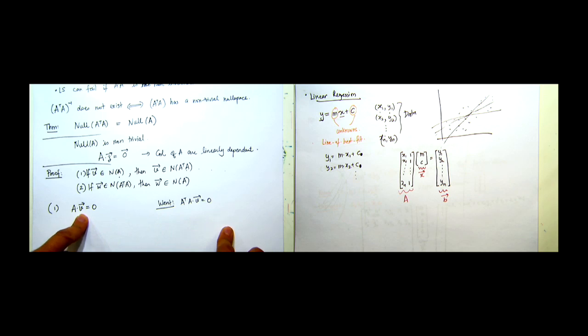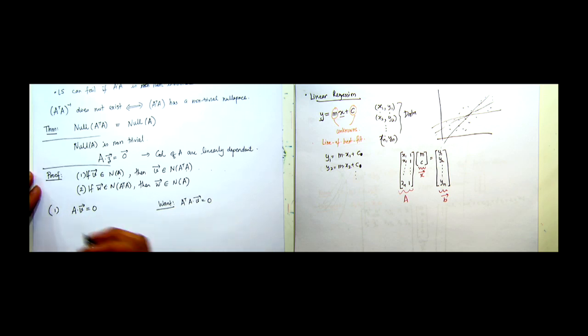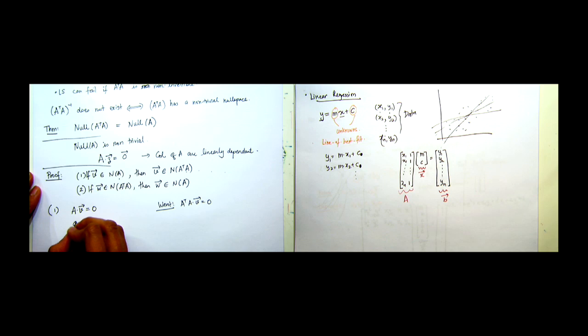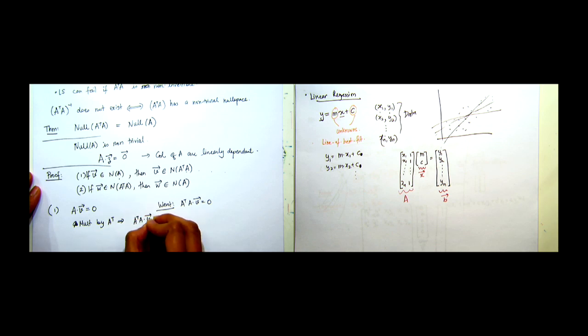Multiply both sides by A transpose, right? This gives me A transpose times A times V is equal to A transpose times 0, which is equal to 0. Which proves exactly what I want.